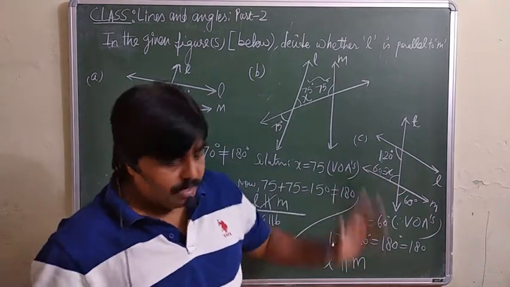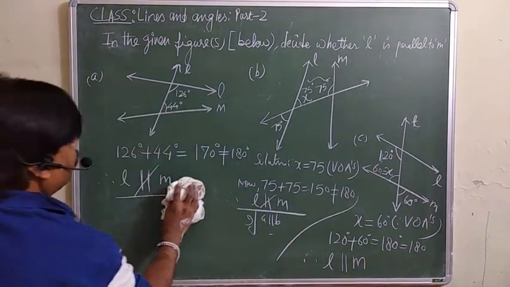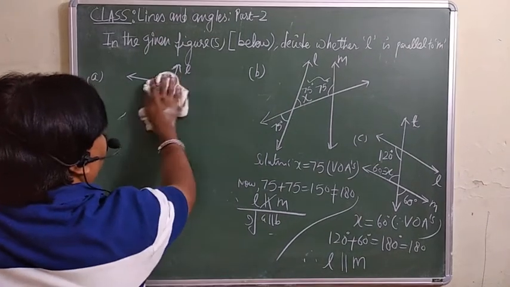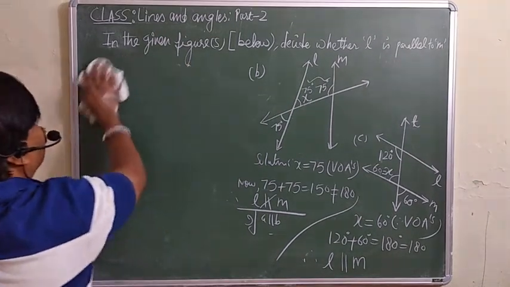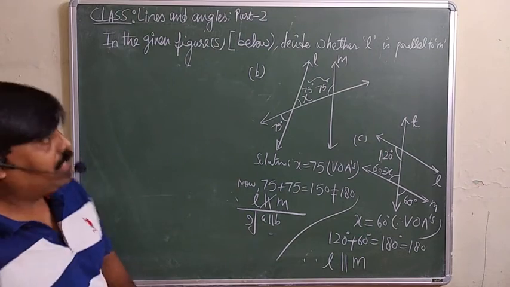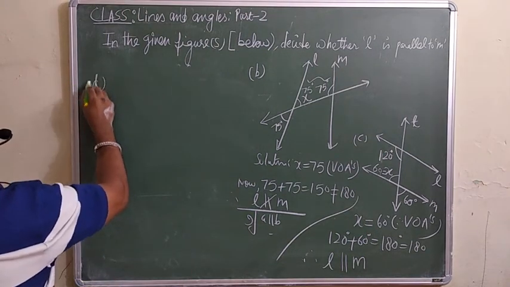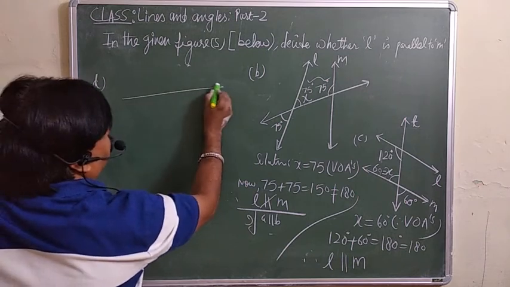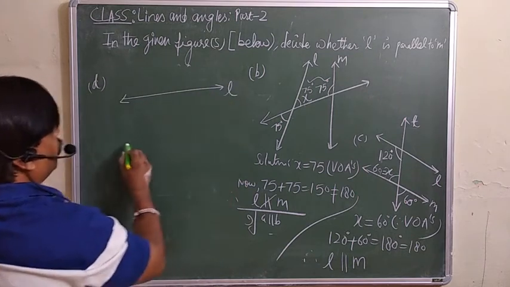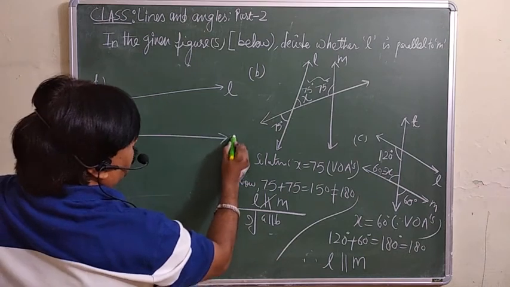So if any figure is given, like one more figure I am taking here, it is not necessary that we always check the co-interior angles. ऐसा नहीं है कि co-interior के लिए ही करते हैं, any figure may be given. For example, suppose I take this line L, and another line M here.